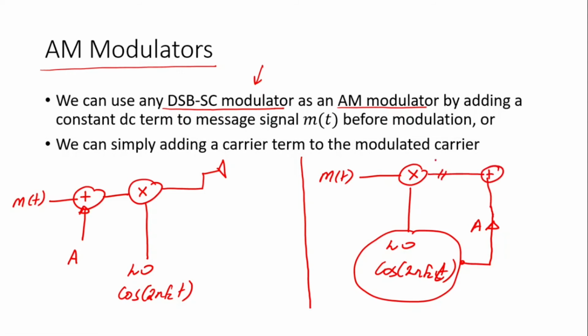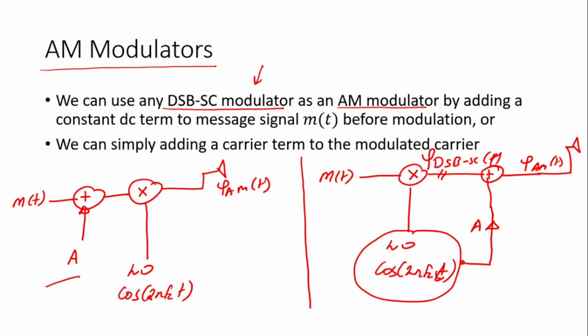So this was originally DSB SC of t, so let's call this as phi DSB-SC of t, and over here we would have phi AM of t. So both of them are equivalent models for the AM modulators.